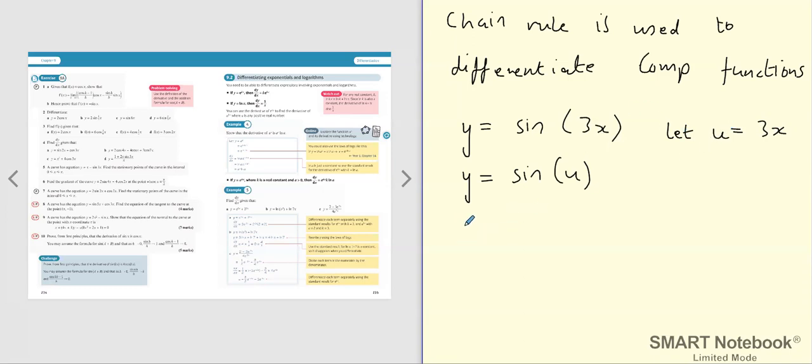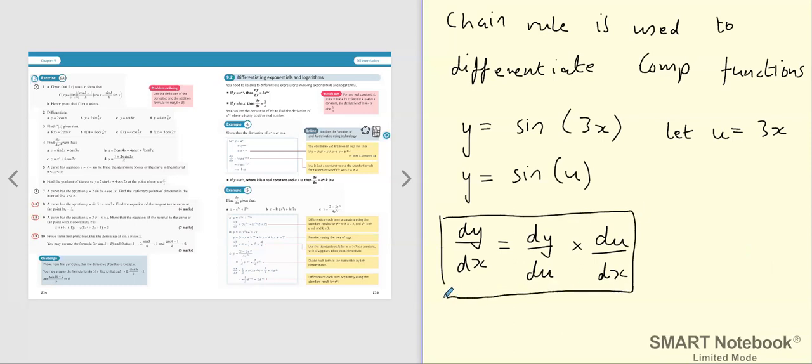Now, the chain rule simply is that dy by dx, you can get to dy by dx, for example, by doing dy over du times du over dx. This is one form of the chain rule. All the chain rule is saying is you can make dy by dx by multiplying or dividing different versions of dy by du and du by dx in any way you see fit.